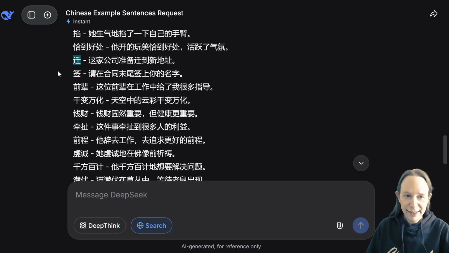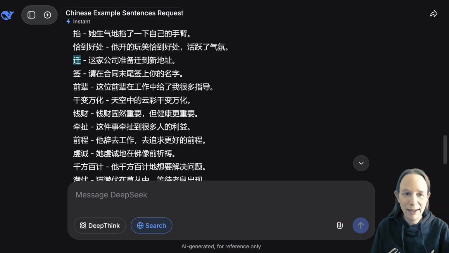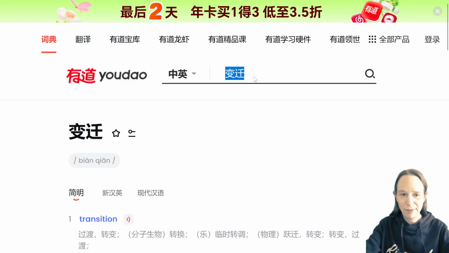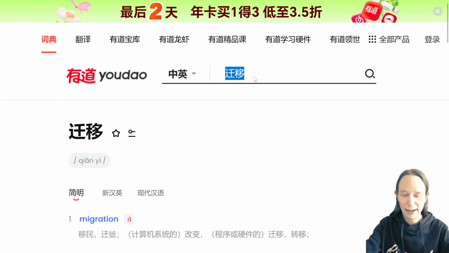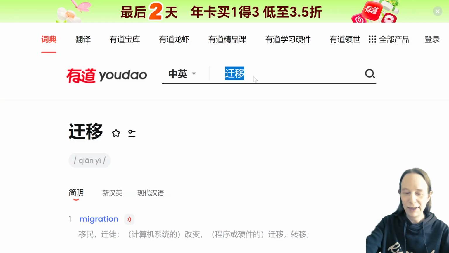Let's move on. 迁, all right. So 迁 represents changes over a period of time. You probably know 变迁, and 迁移, and there's one for migration. What is it?